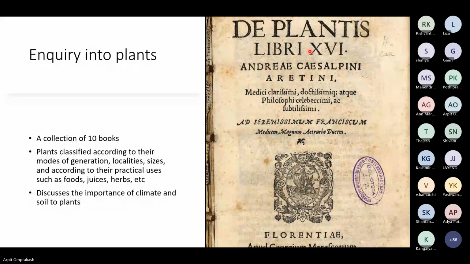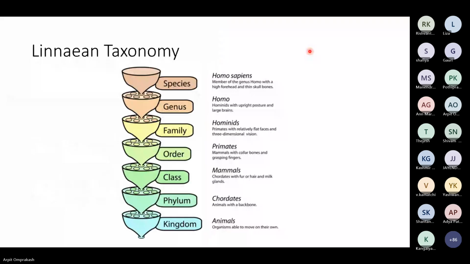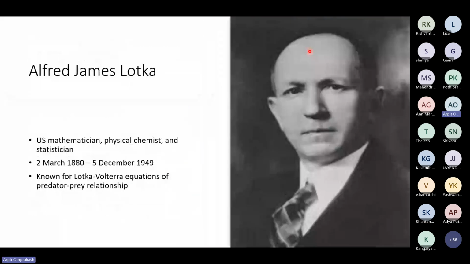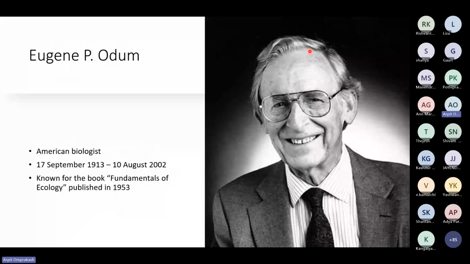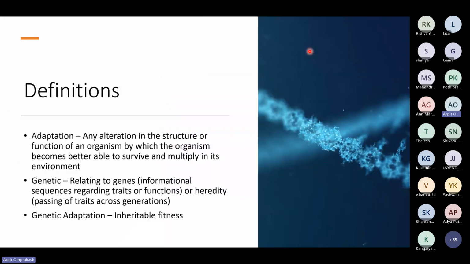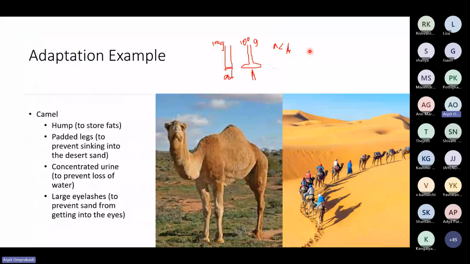What is evolution, what is adaptation, what is genetic adaptation, examples of adaptation, fitness of an organism, characteristics of fitness, what is natural selection, the 5 steps of natural selection.